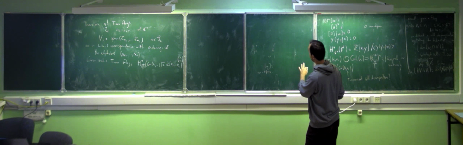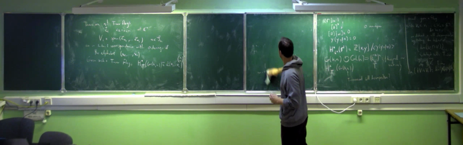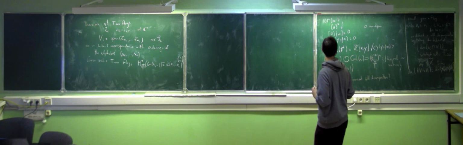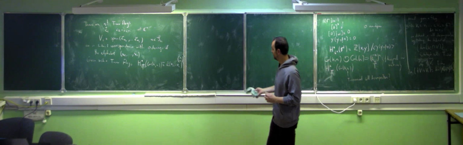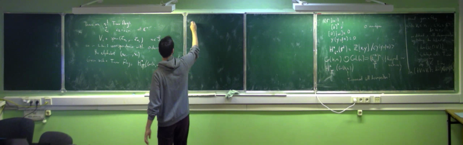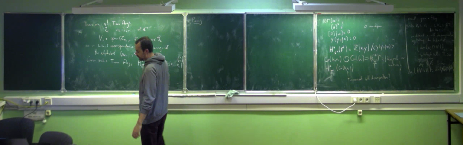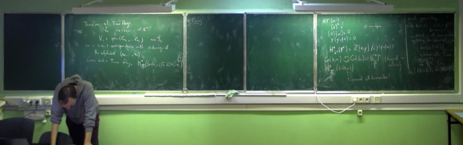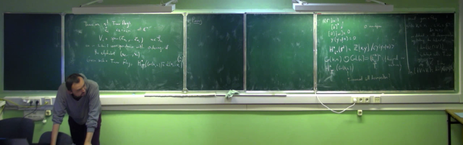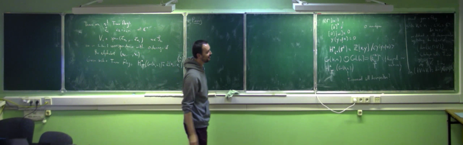I should probably not have erased our favorite example of P1, because we had not quite finished. We were still missing a coefficient somewhere. I'll leave it here. So let's talk about the pairing. What do I want to say about pairing? I just realized I have no idea. I did write here that I want to say something about the pairing, but I don't know what, so maybe we'll postpone the pairing until we remember what I wanted to say.